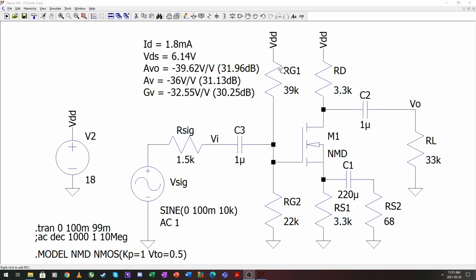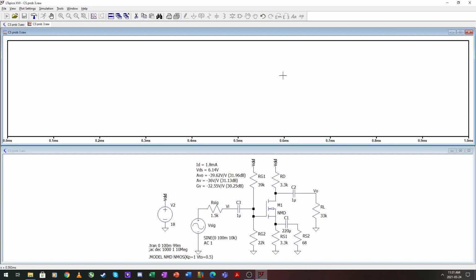This was from an old common emitter amplifier, in any case. But 1.8 milliampere, 6 volts roughly across here, and our end goal was about 50 volts per volt for our GV. So I think we kind of achieved our design. So let's run the simulation.